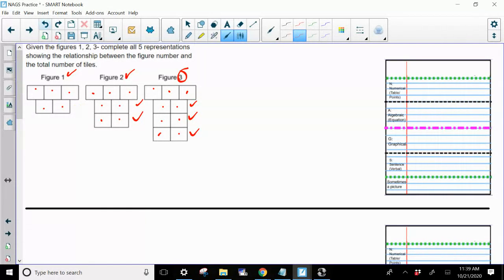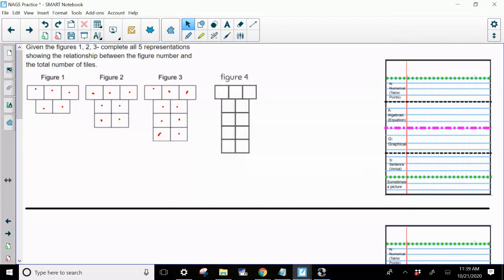So we should see a pattern that has developed, and then we will be able to draw the rest of our figures. So figure 4, I'm going to look here, and that's going to still have our 3 up top, but because it's figure 4 and there's going to be 4 rows, it's going to go right there. And then we have figure 5.